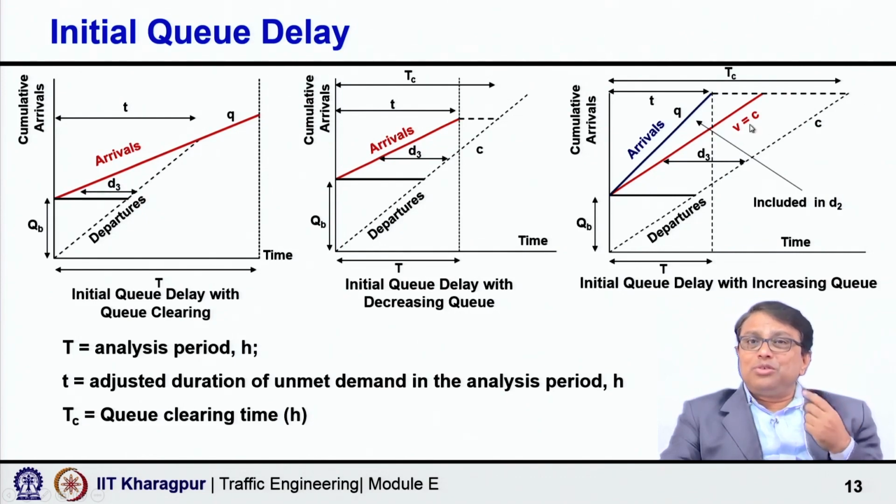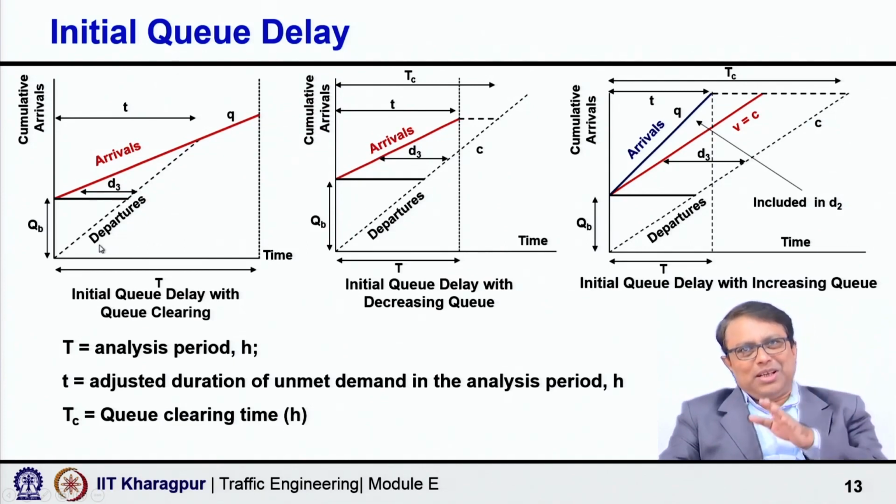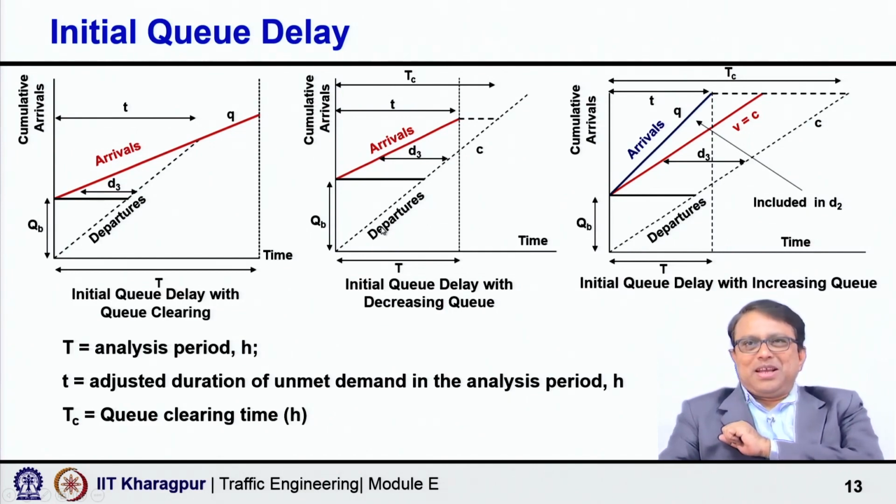So, here there will be two effects. The QB length will be there, plus due to oversaturation during this analysis period, there will be additional Q. So, first case, QB after the analysis period becomes 0. Second case, QB does not become 0, but gets reduced by the end of the analysis period, and Q3 is the worst.